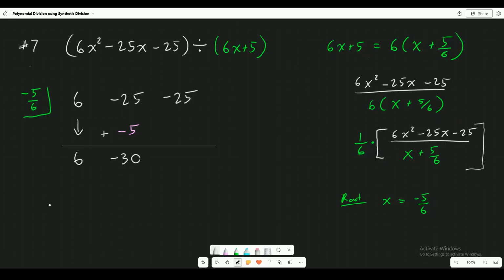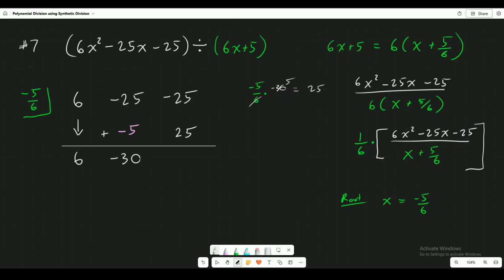And now we do negative 5/6 times negative 30. I know that 30 divided by 6 is equal to 5. So our answer is going to be 25.